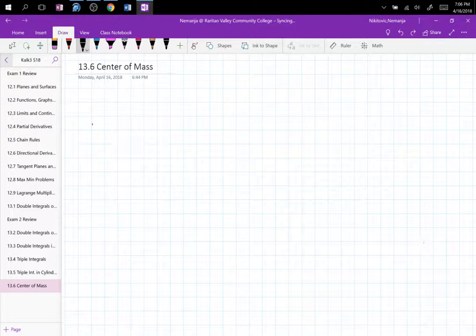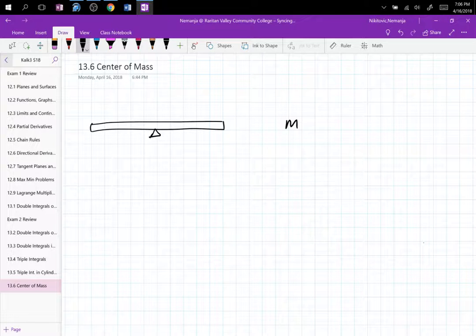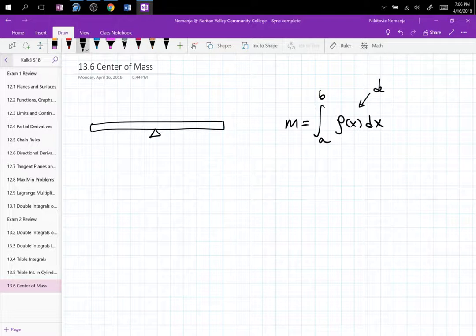So let's start first with a long rod, which is going to have a center of mass somewhere. The mass for this one is given from A to B of rho of x dx. Rho of x is the density function.